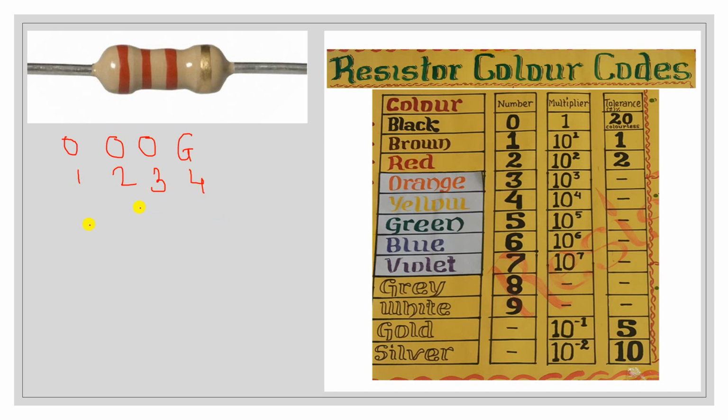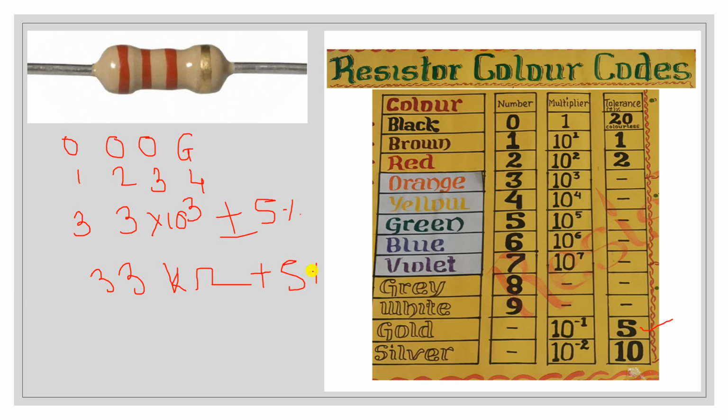It is 3. This is also 3. The multiplier of orange is 10 raised to 3. And the tolerance of gold is plus minus 5%. So 10 raised to 3 is a kilo ohm. That means it is 33 kilo ohm, and the tolerance is plus minus 5%.